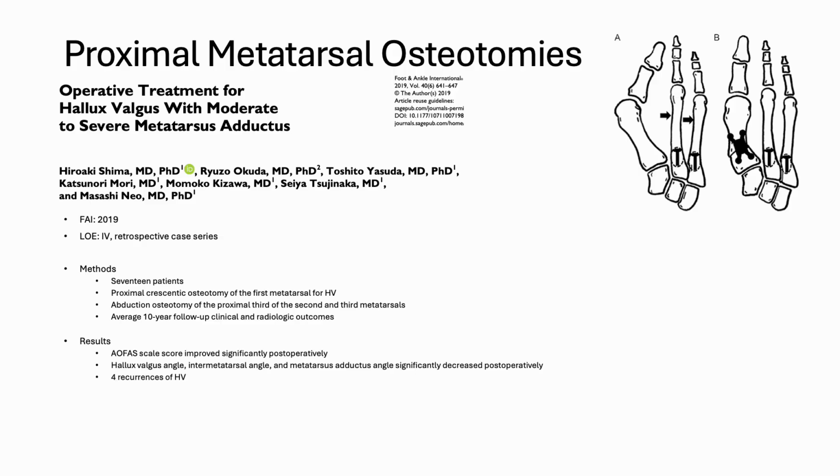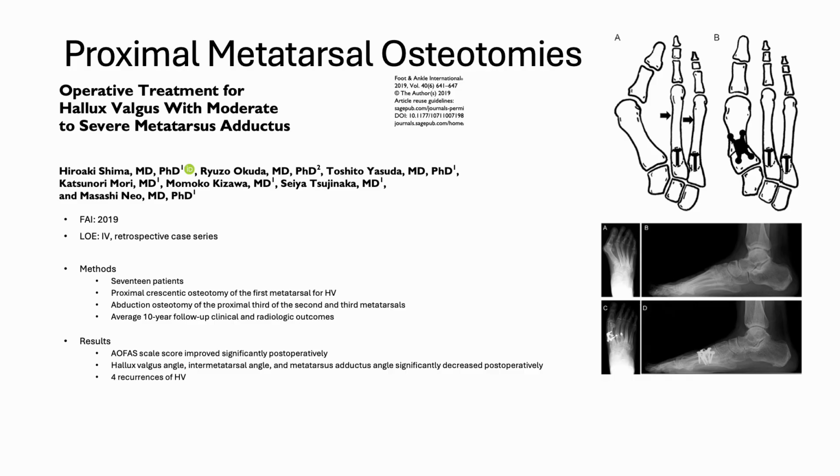They said that the functional scores improved significantly. The hallux valgus angles, the intermetatarsus angles, the metatarsus adductus angles all significantly decreased postoperatively. They had 4 recurrence of hallux valgus. So I didn't go into a whole bunch of details, but you can see up here in this top what type of osteotomies they did. And again, this is proximal metatarsal osteotomies.